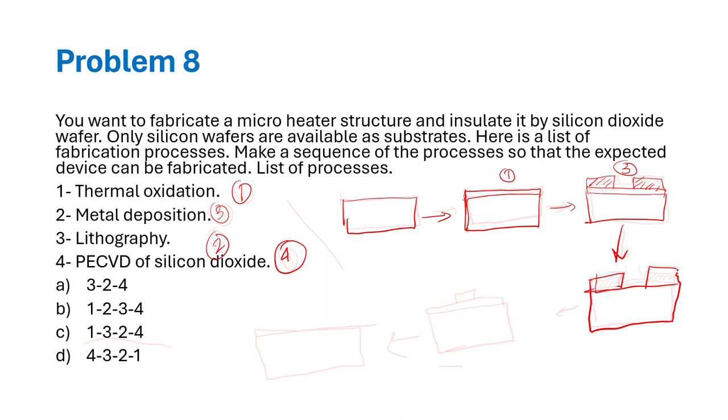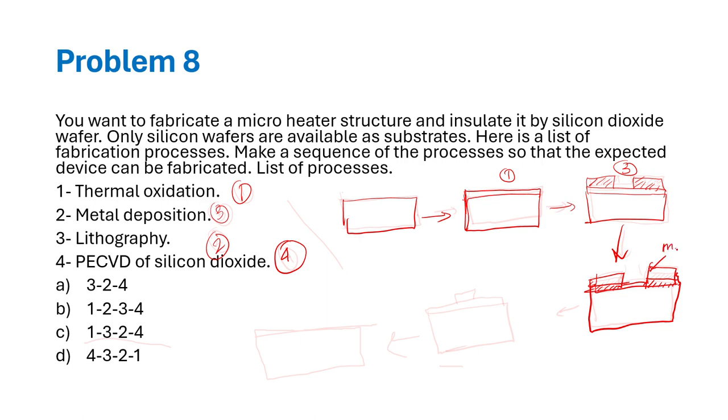So this is a photoresist. Metal deposition can be done either by sputtering or by using evaporation techniques. So here we'll have the metal that is deposited.